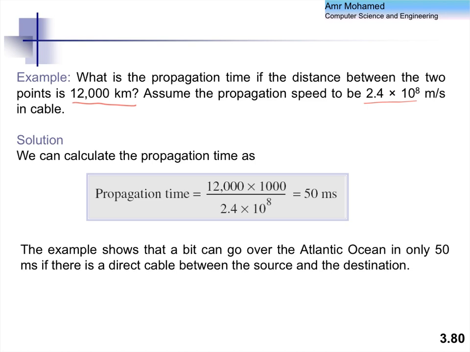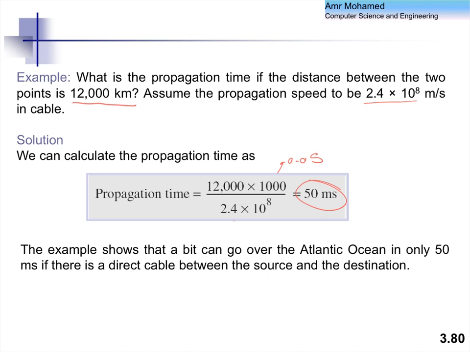Okay, so we can calculate the propagation delay as the distance divided by the speed. The distance is 12,000 kilometers, so we have to multiply by 1,000, which is 12 times 10 to the power 6, divided by 2.4 times 10 to the power 8. So the answer is 0.05 seconds.